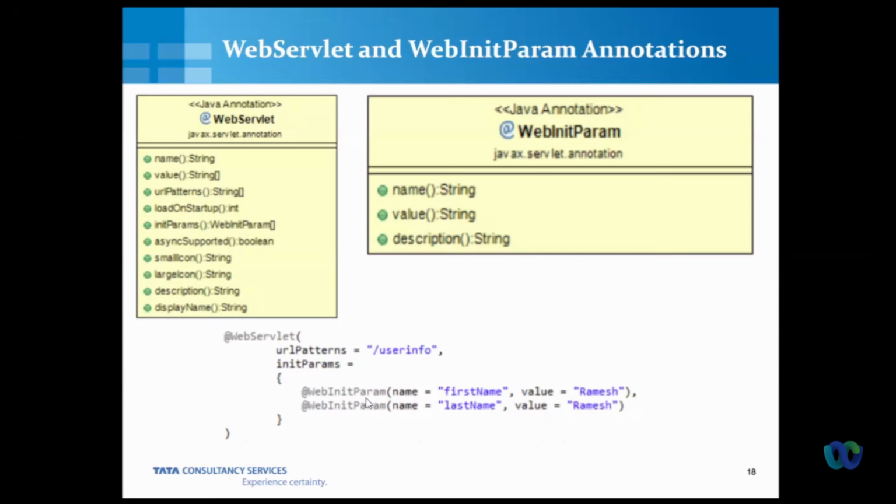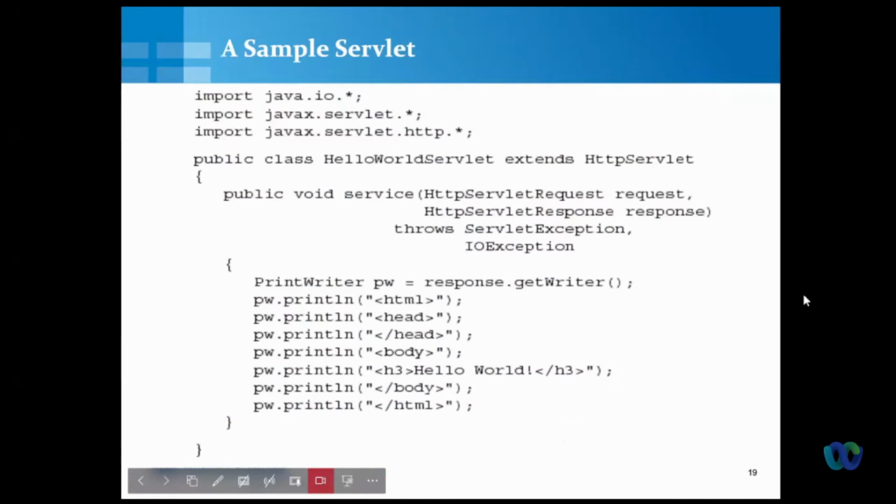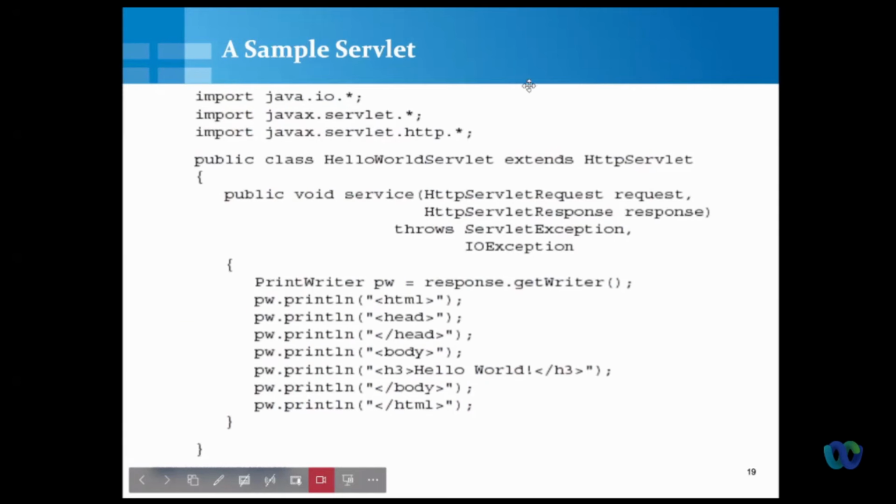Like whenever I am trying to write web init param, then I can get this or reuse this code, right? So as of now, let's see it here only. This is the sample servlet.